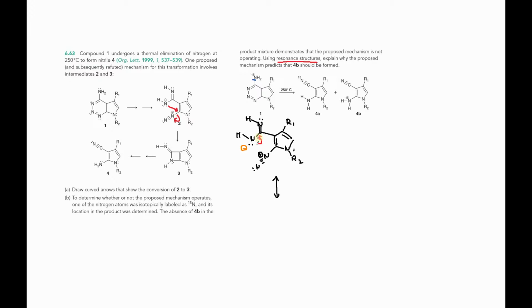That creates a double bond between the carbon and nitrogen on that single bond, and then the double bond between the carbon and nitrogen kicks toward the nitrogen atom up here, thereby creating a negative charge on the top nitrogen.